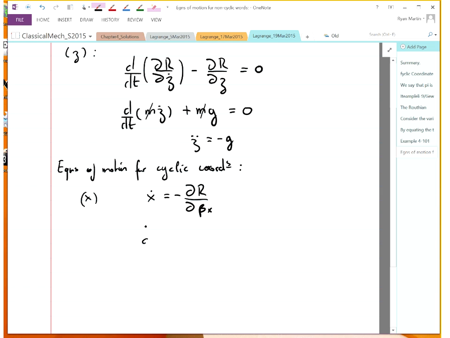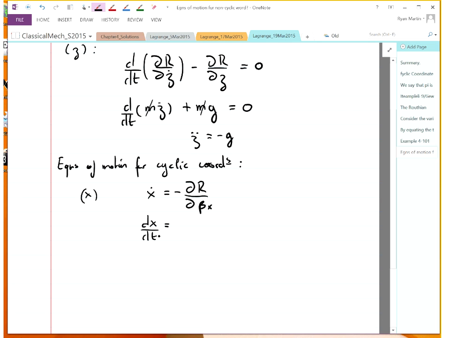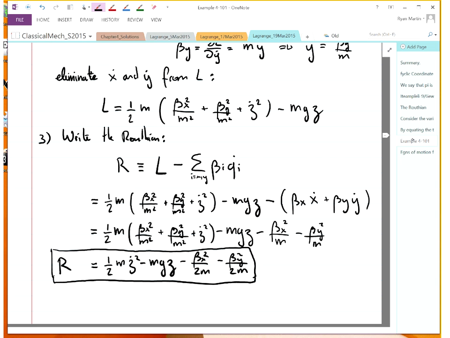So dx by dt, just to write it out as a differential equation, that's what x dot is, right? X dot is dx by dt. So I need minus ∂R by ∂beta x. Okay, so I'm going to look at R. So I only have one term with beta x in it.